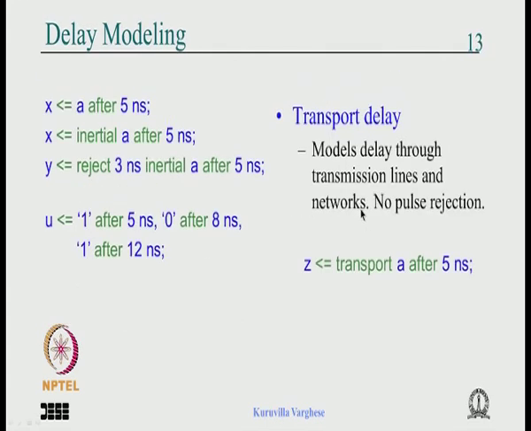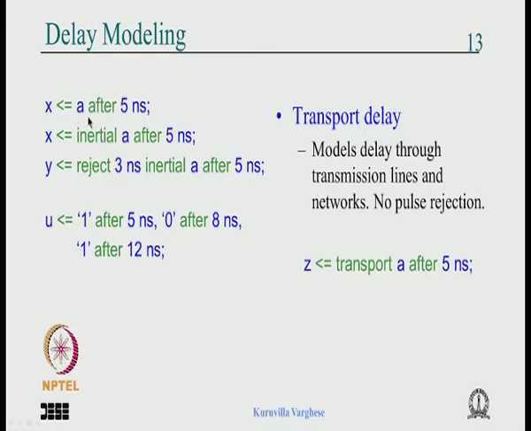And the syntax is, suppose we say X gets A after 5 nanosecond, it means that A will appear at X with a delay of 5 nanosecond, but here it is assumed that you require a minimum pulse width of 5 nanosecond for the output to come.